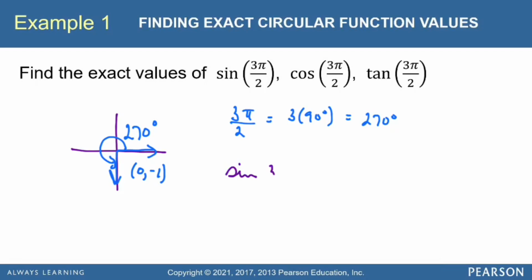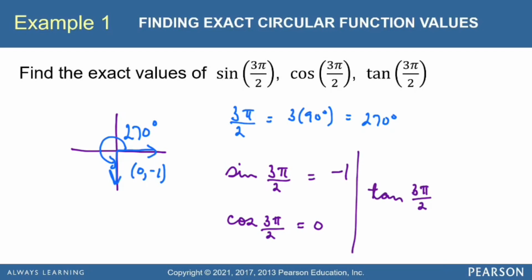So the sine of 3 pi over 2 is the y-coordinate of this point, which is -1. The cosine of 3 pi over 2 is the x-coordinate, which is 0. And the tangent of 3 pi over 2 would be y over x, which would be -1 over 0. But since 0 is in the denominator, that value is undefined.